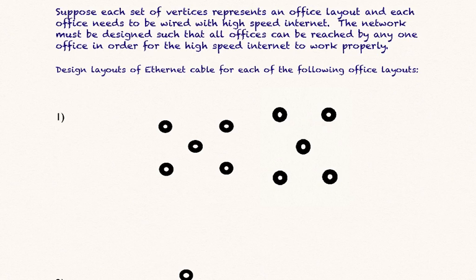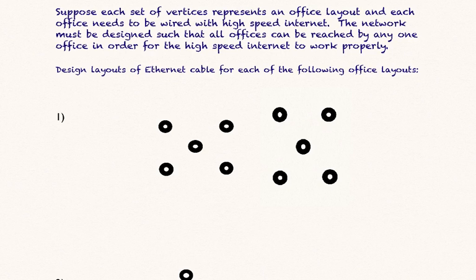The most simple task that you're going to have is to take a layout. In this case, we're going to just suppose that they're offices and we need to provide them with internet. So this is the easiest type of problem you're going to get, where you have this grid of vertices and you have to add the edges. We'll do this a few times just to give you an idea.